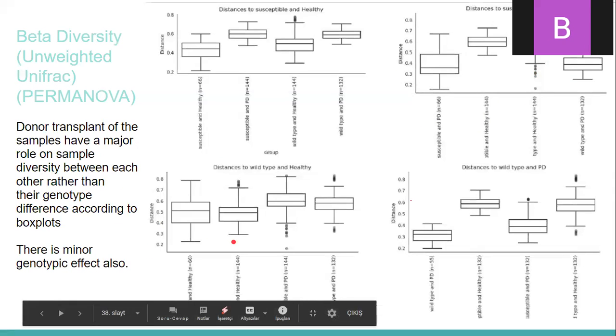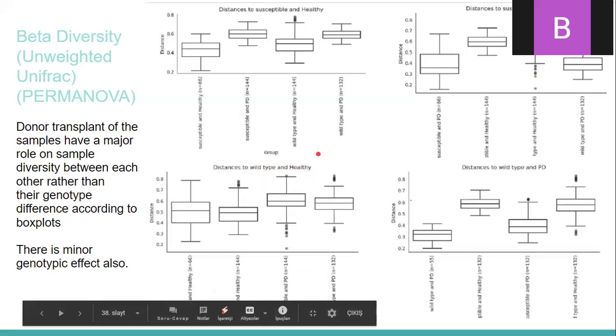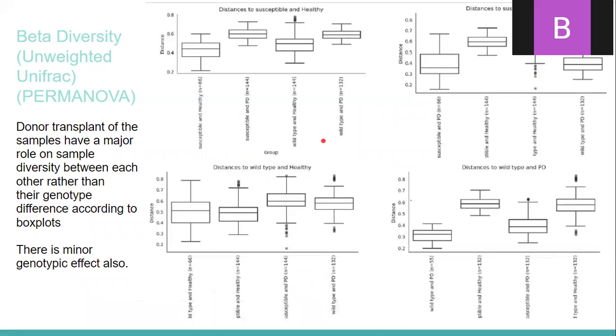And here we see the unweighted UniFrac distance matrix results of the samples for the beta diversity analysis. Unweighted UniFrac is used for measuring the qualitative community dissimilarity I showed before, accounting for the phylogenetic tree. It can be concluded from all of these figures that the major role in the sample diversity is played by the donor type rather than the genotype.